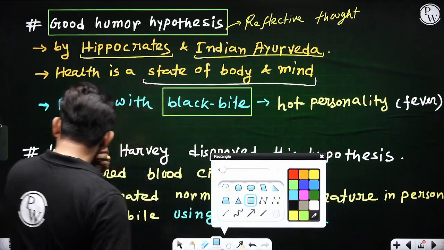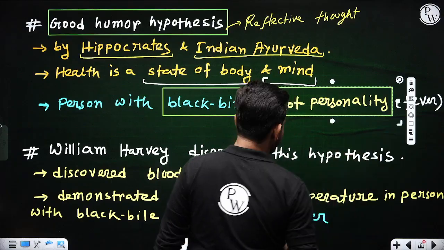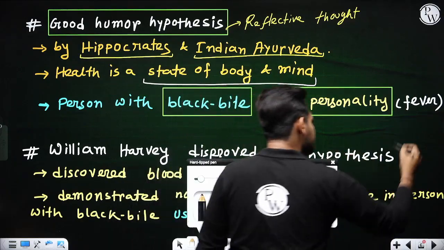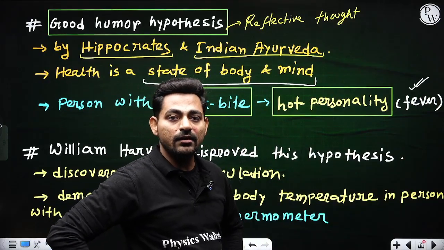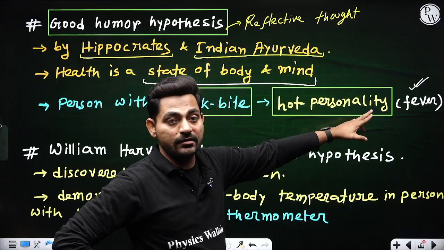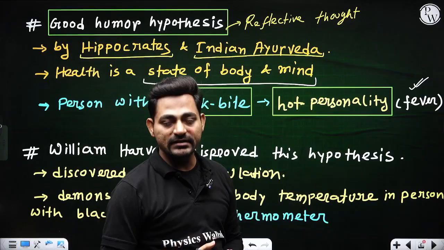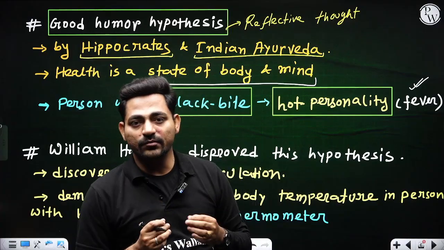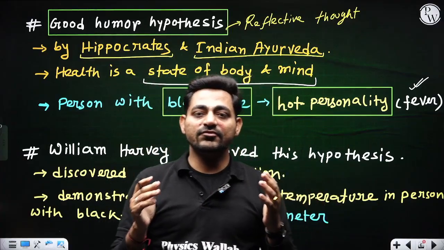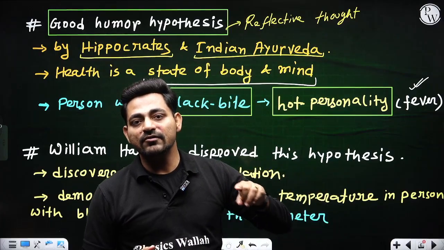According to this theory, the person with black bile was believed to be a hot personality. Here hot personality means he or she may be suffering from fever. Now again, fever is not a disease, it's a symptom of some other disease, right? So if your body temperature is higher, if you are feeling fever, that means you have black bile inside your body.